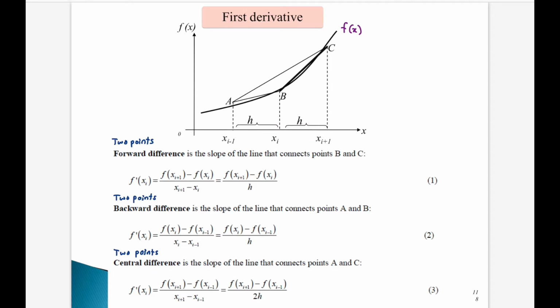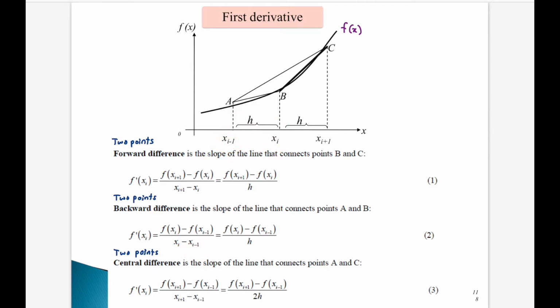For 2 points backward difference, you will use the slope of the line that connects point A and B. This is A, this is B, so it will be this line. The formula will be f(xi) minus f(xi minus 1) divided by xi minus xi minus 1. This is also equal to h.